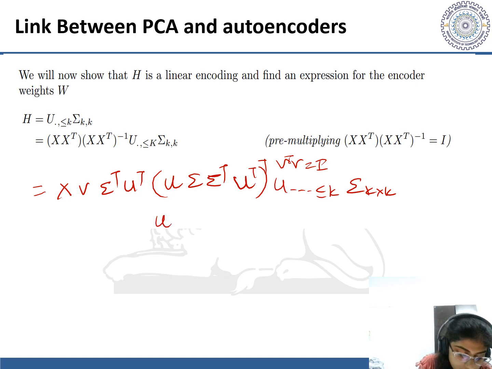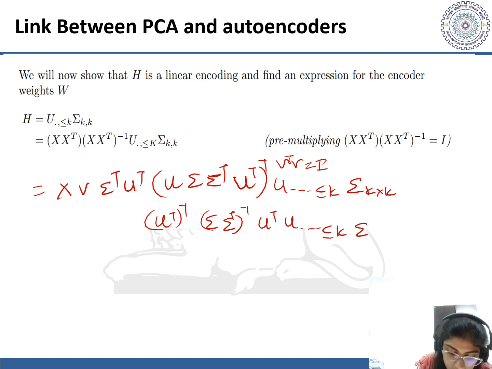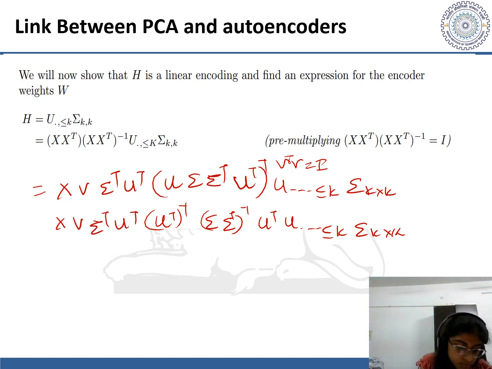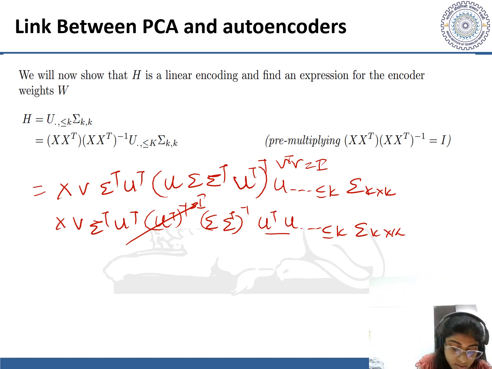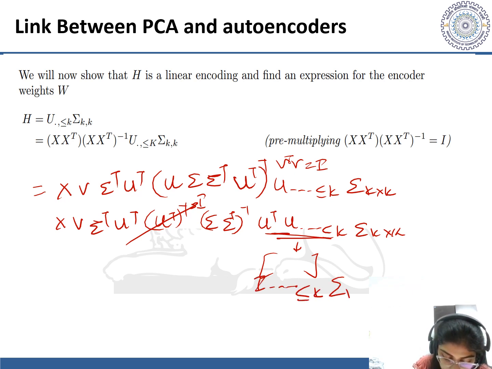Now I can write that U transpose inverse, sigma transpose inverse and U inverse, U something to K sigma K cross K. X V sigma transpose U transpose. This goes to be identity matrix. This is the initial k columns or the k rows of the identity matrix. This I less than equal to k sigma k cross k.